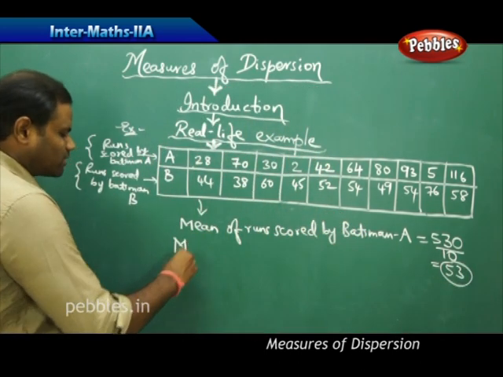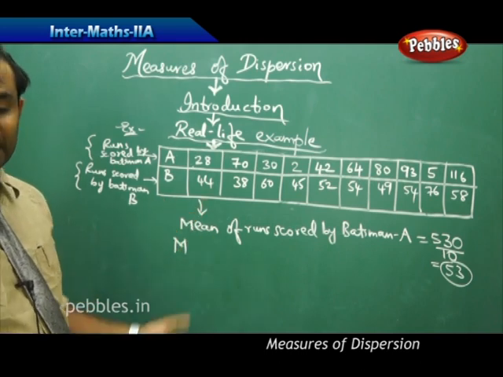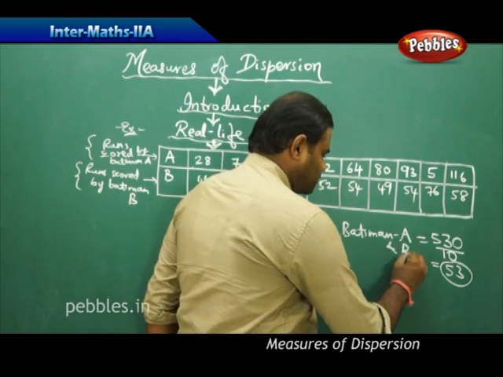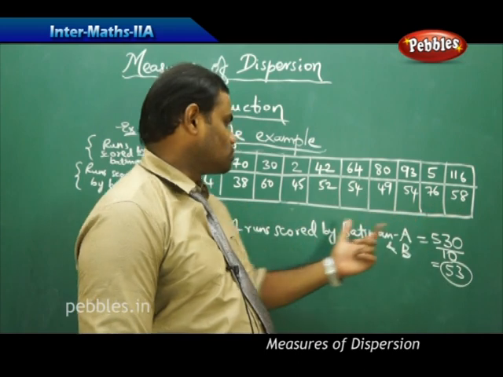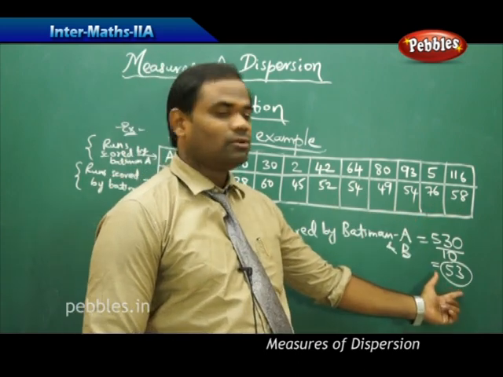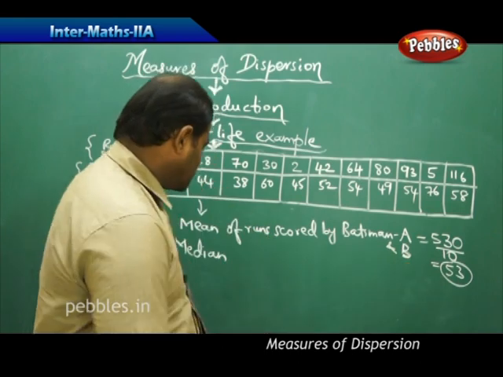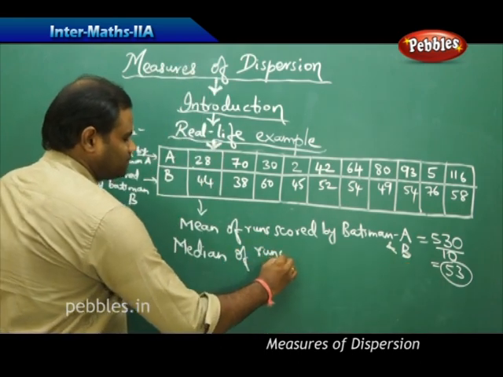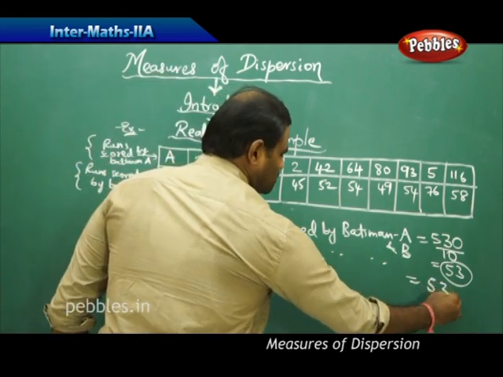Similarly, let me also calculate the mean of the scores of batsman B. Interestingly, even for batsman B, it is 53. That is, the mean of the scores of batsman B is also 53, which we get when we add up and divide by 10. Similarly, I want to calculate the median of runs scored by both batsman A and B, which is also 53.